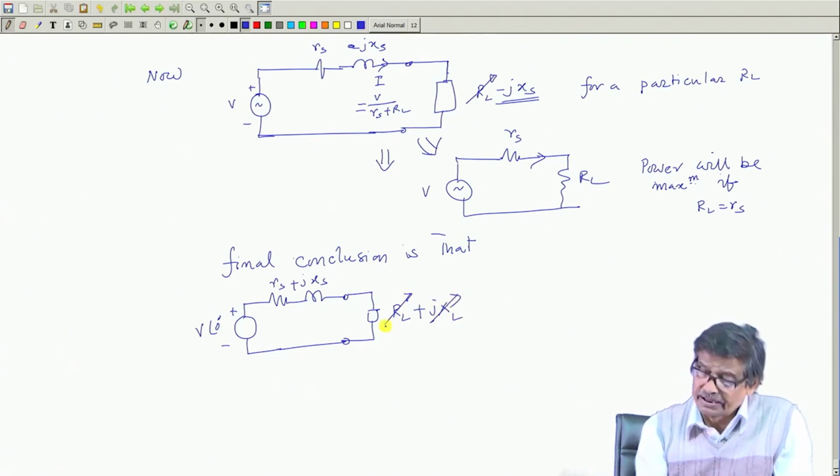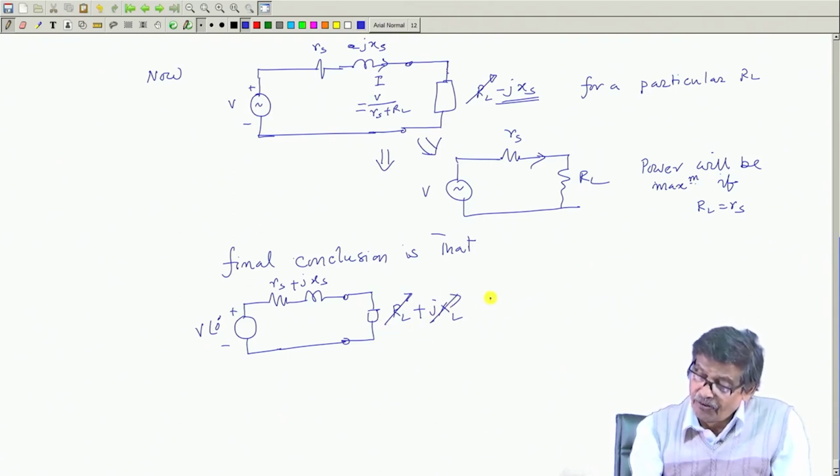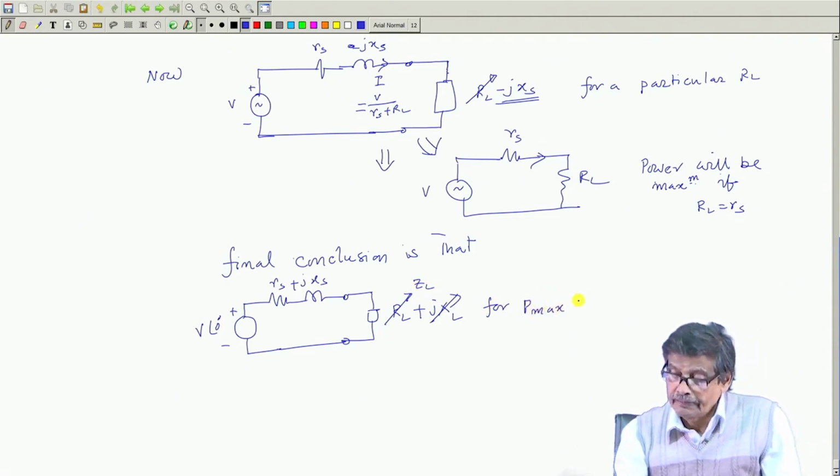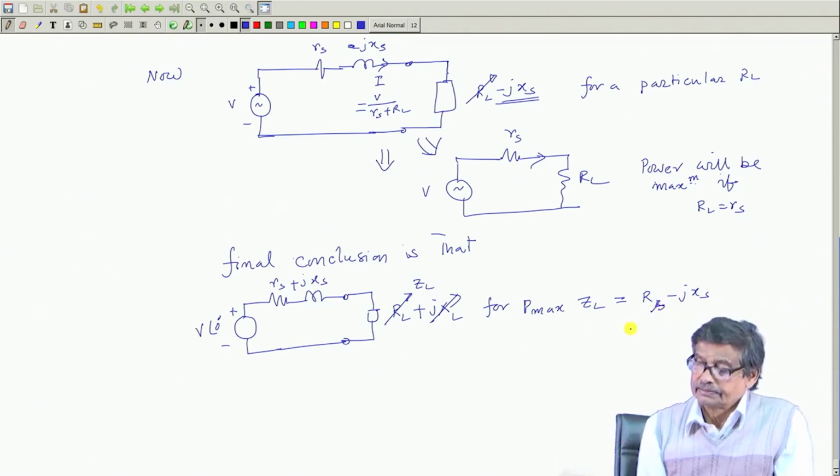You imagine you are varying. Then for P max, this is ZL. For P max, ZL must be equal to RS minus JXS.